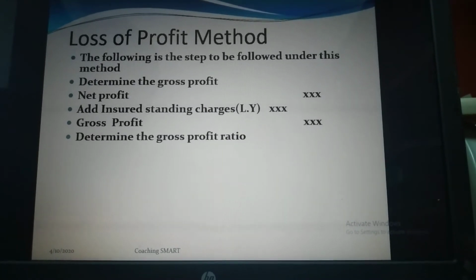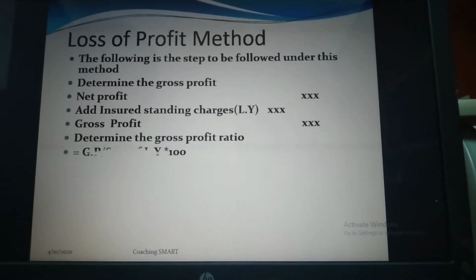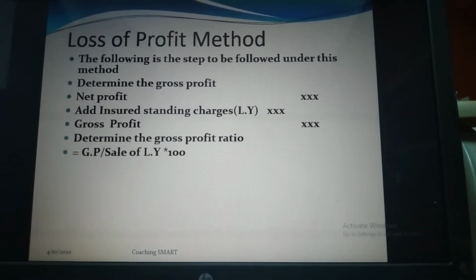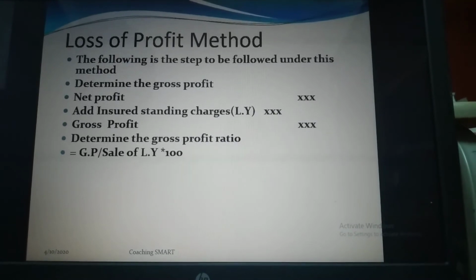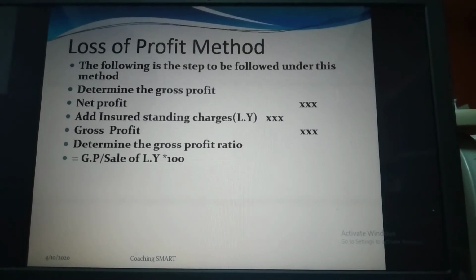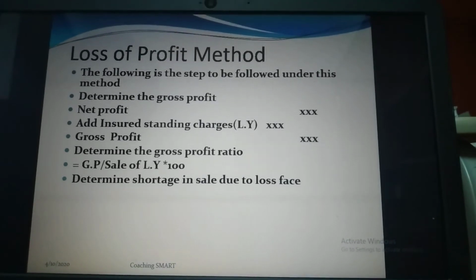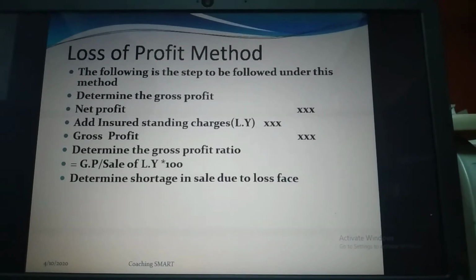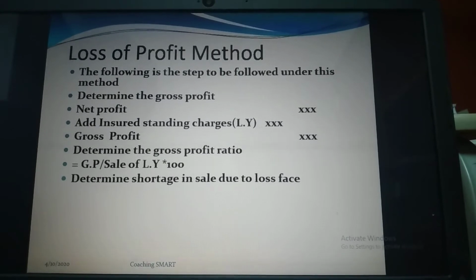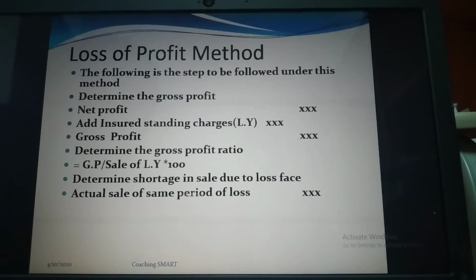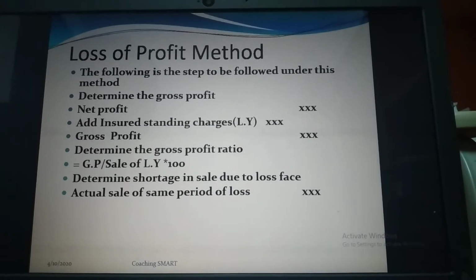How do you get the gross profit ratio? You say gross profit ratio equals gross profit divided by sales of the last year times 100. Now this gives us the ratio for gross profit. Number three, determine the shortage in sales due to loss faced. So we need to establish how much sales were lost due to the risk.